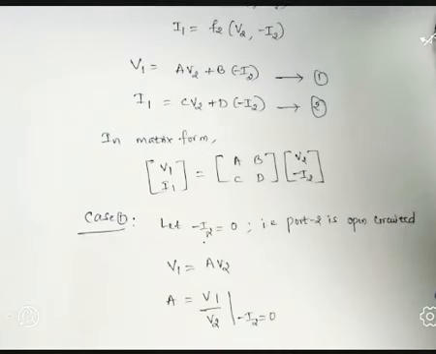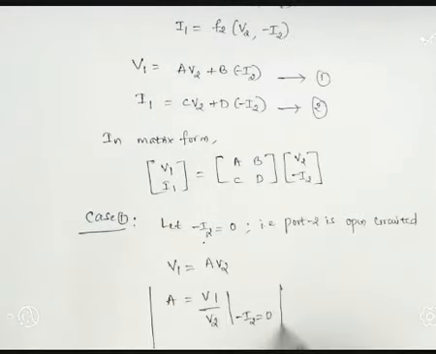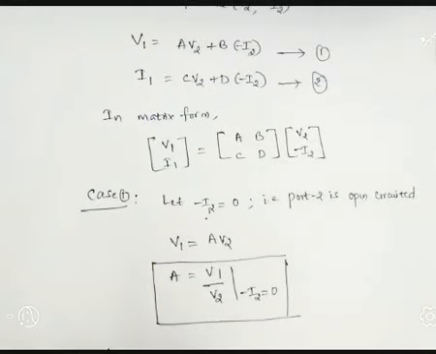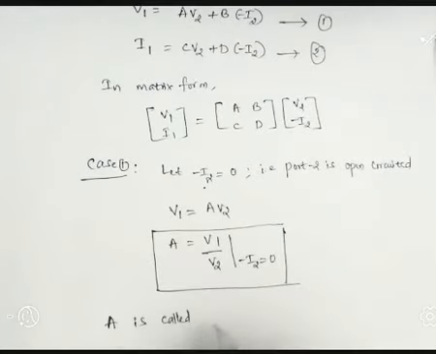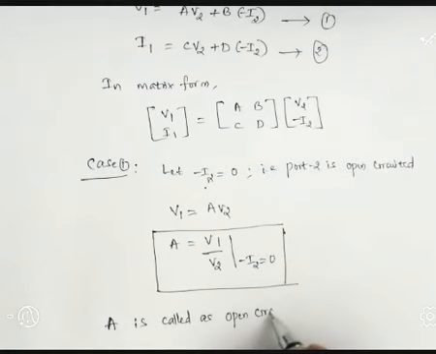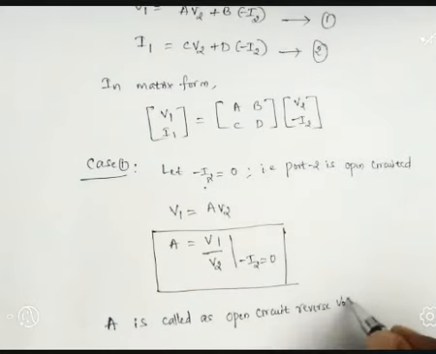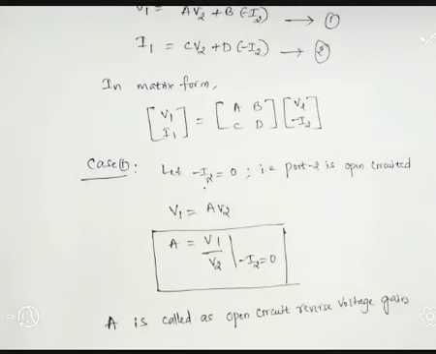Hence, it is the reverse. So the parameter A is called the open circuit reverse voltage gain.